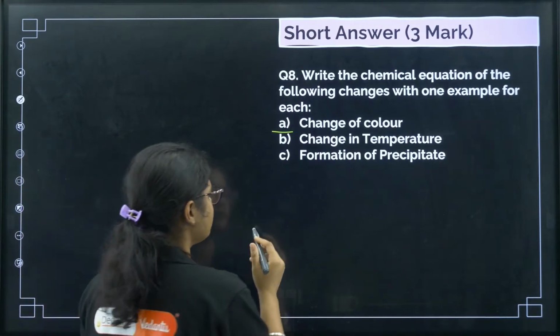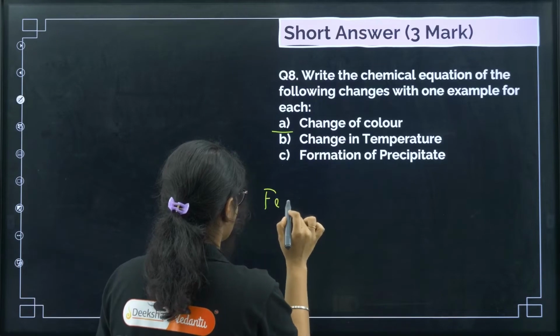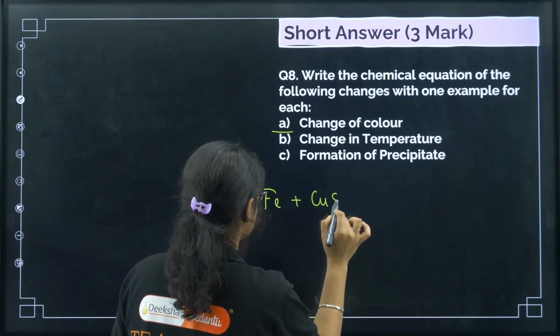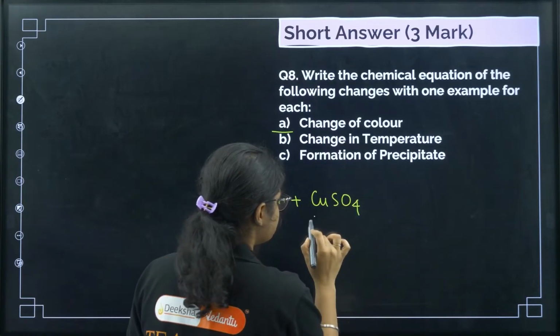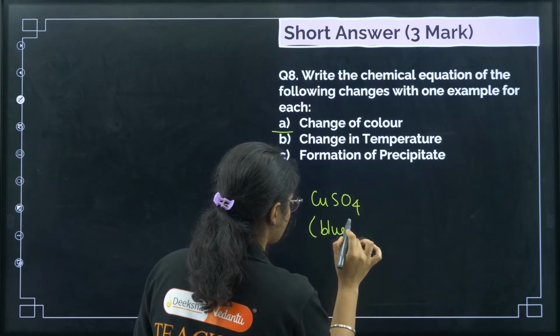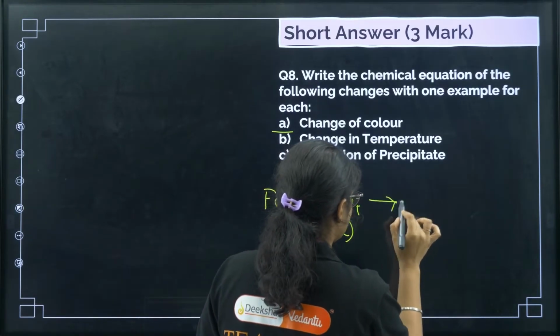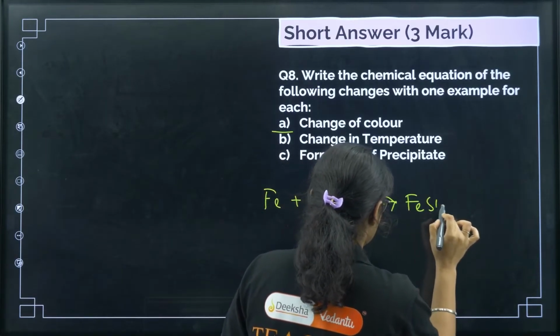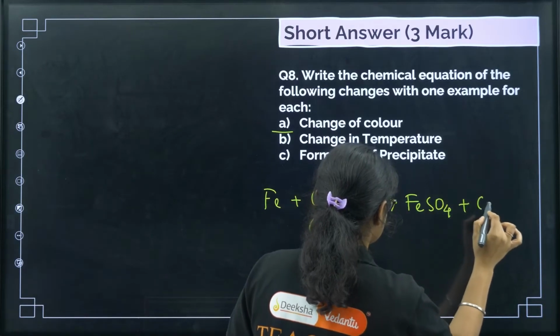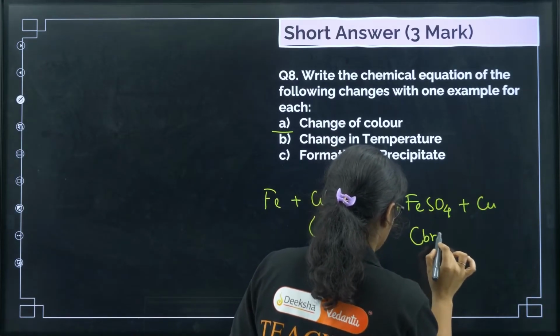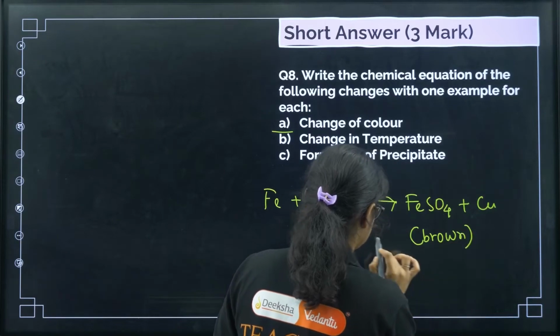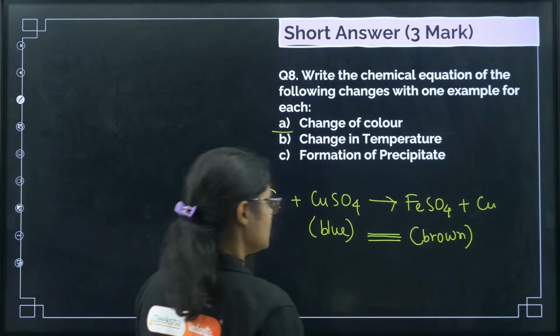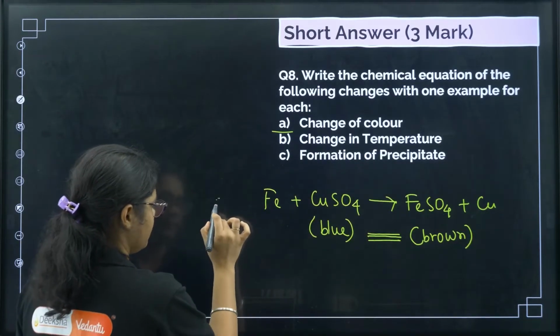So if you take Fe plus CuSO4, then this CuSO4 is blue in color. Now after the reaction, what happens? We get FeSO4 plus Cu, and this solution is brown in color. So there is a change in color, right? This can be the example of A.